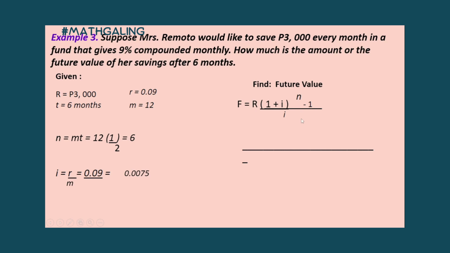So 3,000 open parenthesis 1 plus 0.0075 close parenthesis to the power of 6 minus 1, divided by 0.0075, so it will equal 18,340.89 pesos.